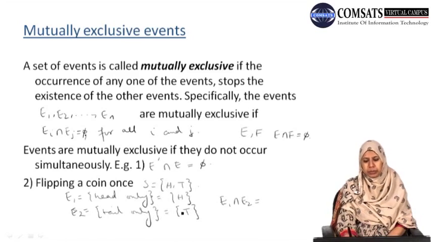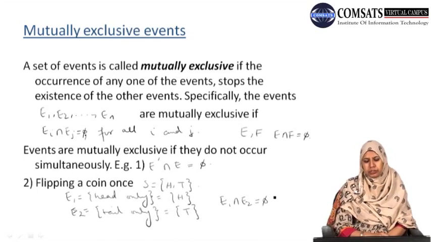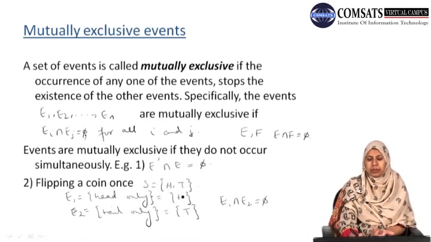They have nothing in common, which means that their intersection is an empty set. So these two events are mutually exclusive, which means that either the event E1 will occur or the event E2 will occur, but they cannot occur both at the same time. That is, it is clear that either we will obtain a head or we will obtain a tail, but we cannot obtain both at the same time.